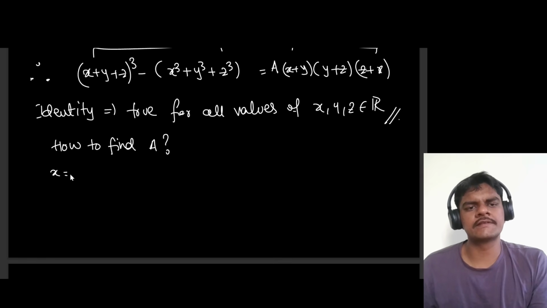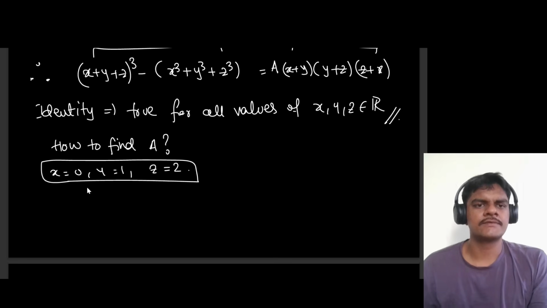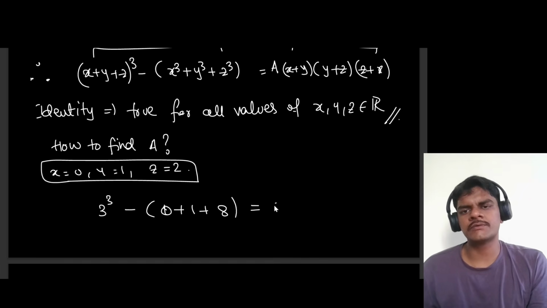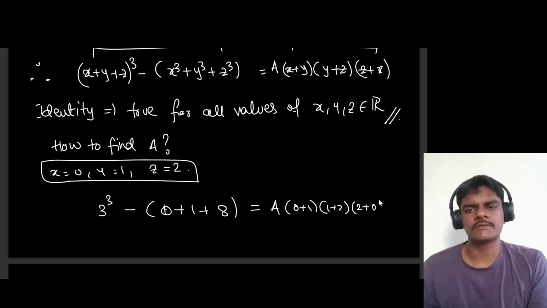you put x equal to 0, y equal to 1, z equal to 2, something like that. That should help. So you'll have (0 plus 1 plus 2) cube, 3 cube, minus (0 plus 1 plus 8), which is equal to a into (0 plus 1)(1 plus 2)(2 plus 0).